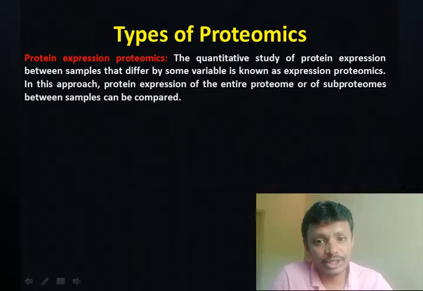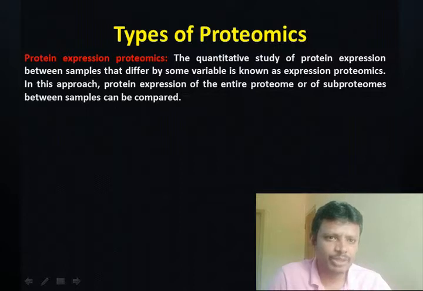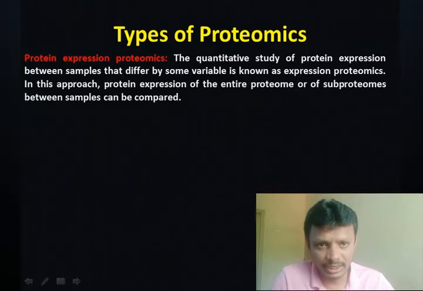This is called protein expression proteomics, because the same genes either will be in homologous form or orthologous form. Is that clear? The proteins produced from these genes will be structurally and functionally different.